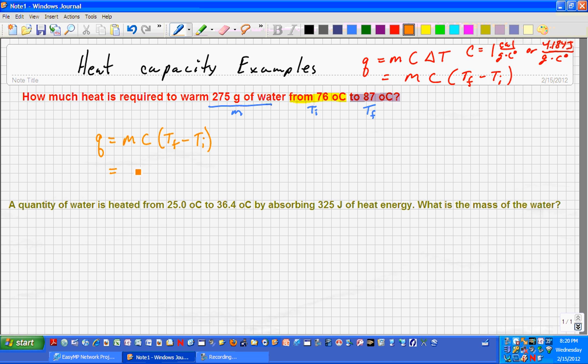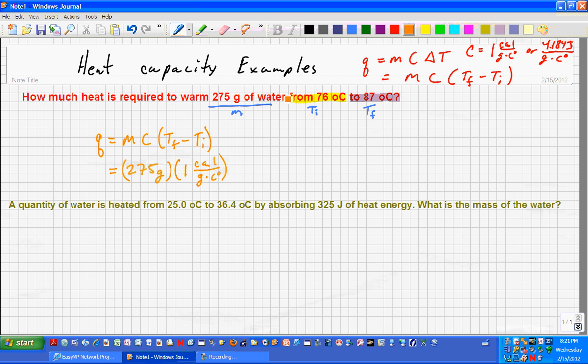The mass is 275 grams times C. I get a choice because it doesn't say how much heat in calories or how much heat in joules. So I'm going to go with calories because it's an easier number to work with. So I'm going to go with 1 calorie per gram degree Celsius. Again, these two values for specific heat are for water.